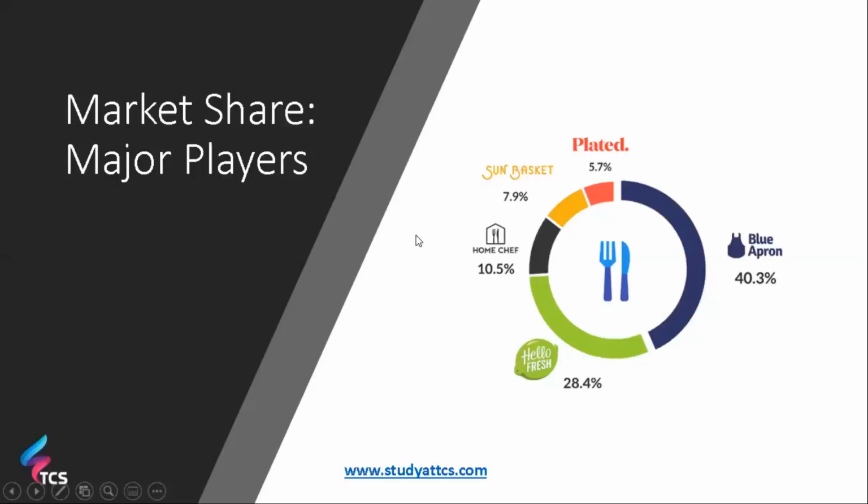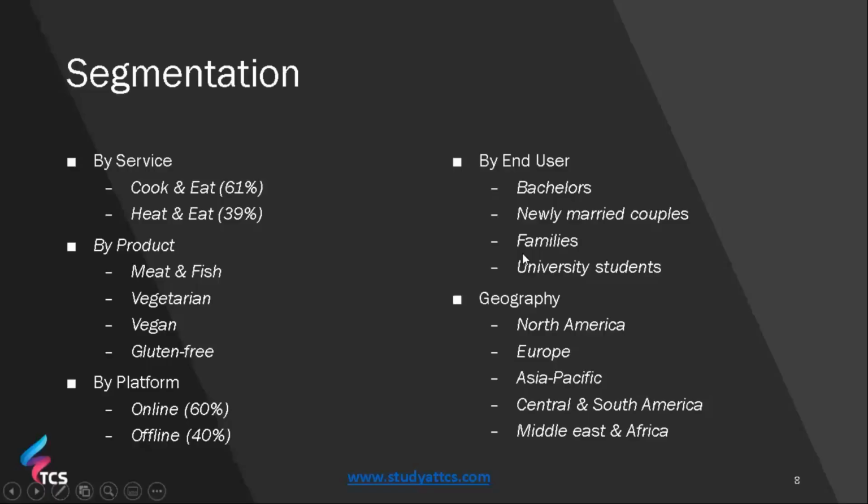And looking at the market shares, you can see that Blue Apron has the highest market share, trailed by HelloFresh and the other smaller players. Looking at customer segmentation, this is the way in which you would demarcate your markets. They segment by service.